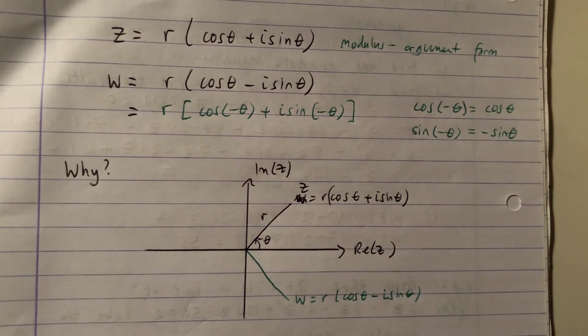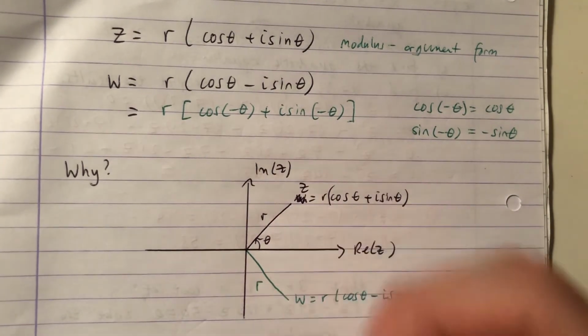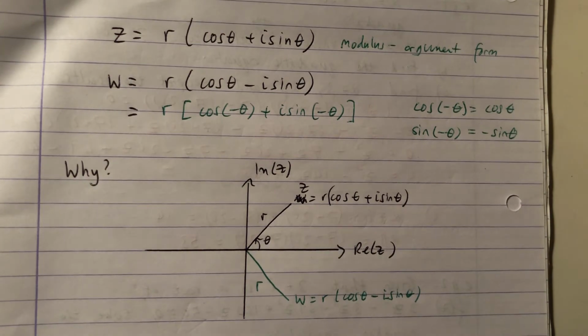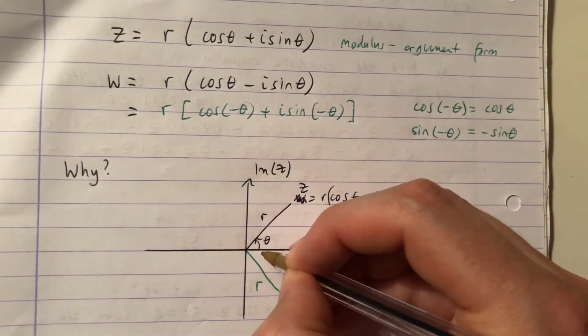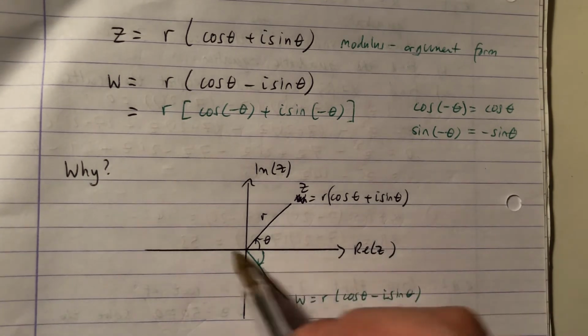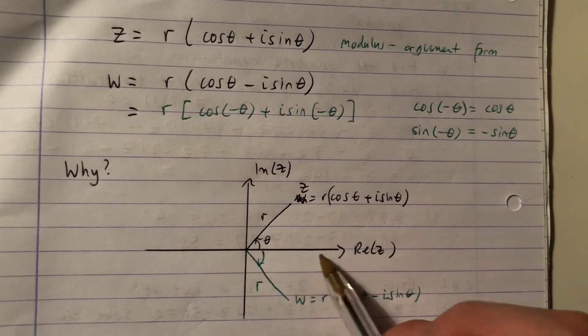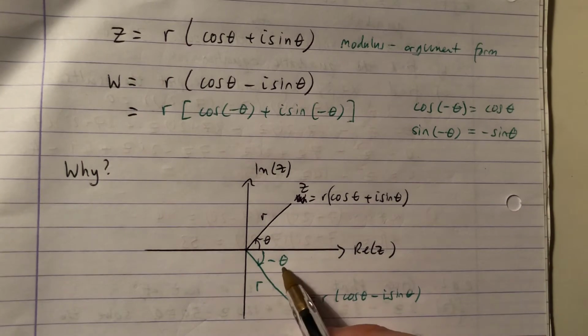Okay. Now, if you want to work out the modulus of this, what's happened is just a reflection, so obviously the modulus stays exactly the same. A reflection doesn't change the size of that line. Also, because it's a reflection, the angle is the same. However, when you're asked to work out the argument, it's the angle made with the positive real axis, and if you go clockwise, it's negative, minus theta.